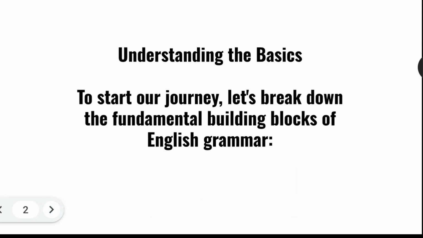First of all, we need to understand the basics. To start our journey, let's break down the fundamental building blocks of English grammar. The fundamental building blocks are the parts of speech.